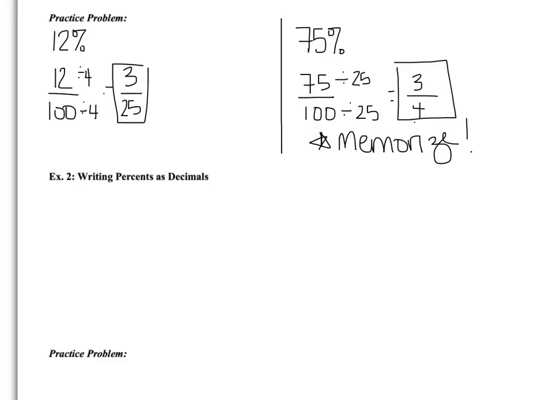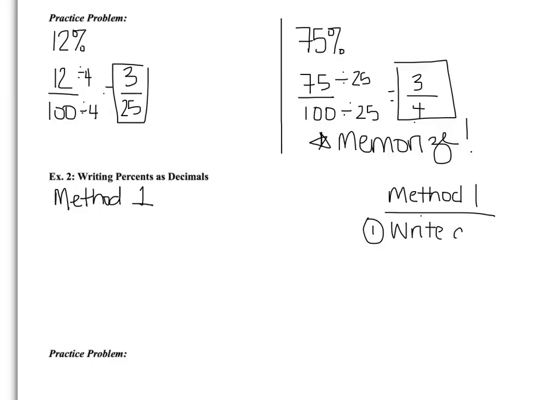Okay, example 2, writing percents as decimals. There are a couple of different methods. I'm going to show you method 1. The steps to method 1 are as follows: you're going to write it as a fraction and then divide.